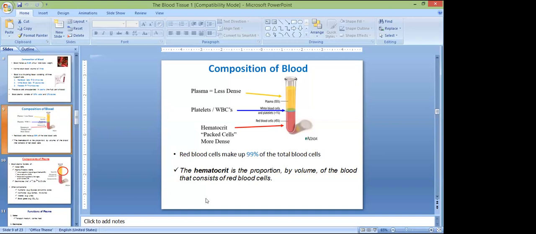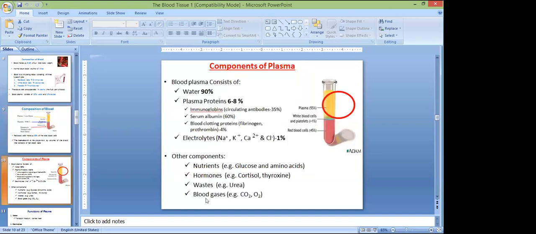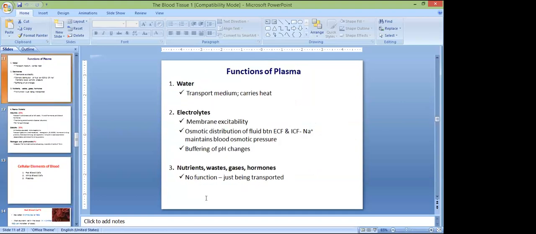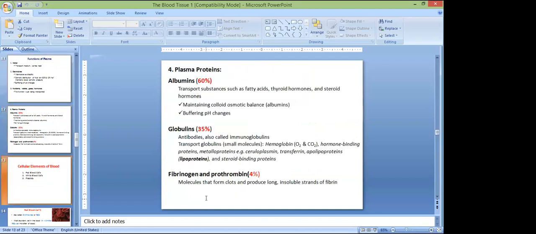Then at the very top, we'll have plasma. At the center is where you'll have your platelets and your WBCs. Then we say water is the major component of plasma. There are other proteins in it, and all these other components we've talked about.